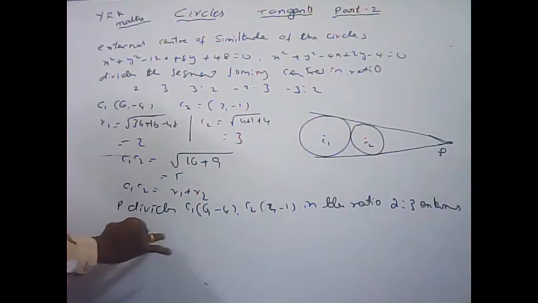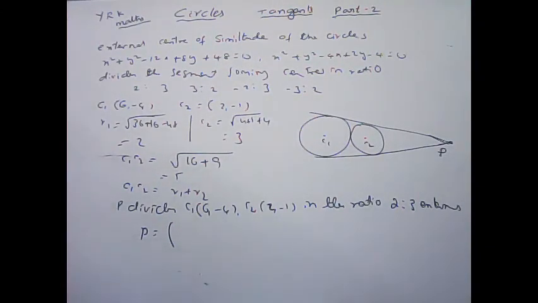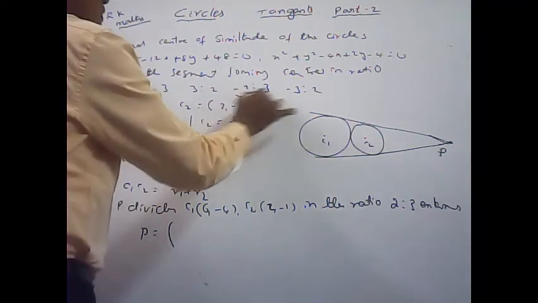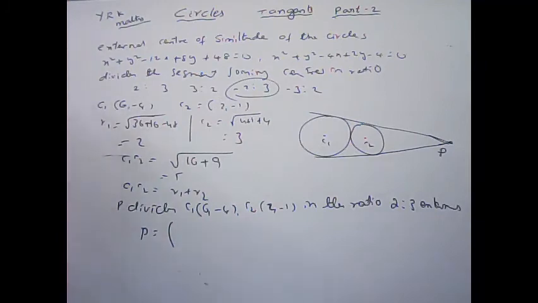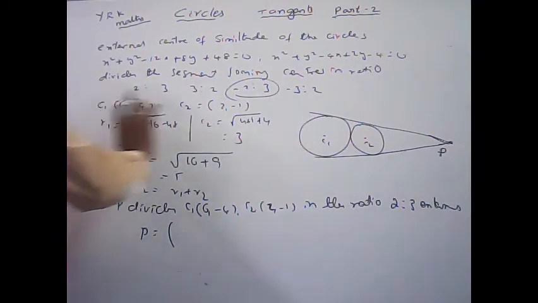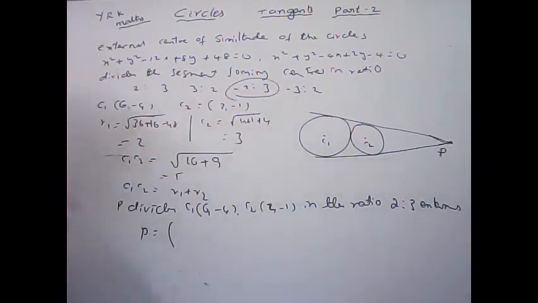So here coordinates of P: two is to 3 externally. Directly we can say externally means -2:3. Otherwise, if they ask for the external point of similitude, then we can write 2:3 externally.